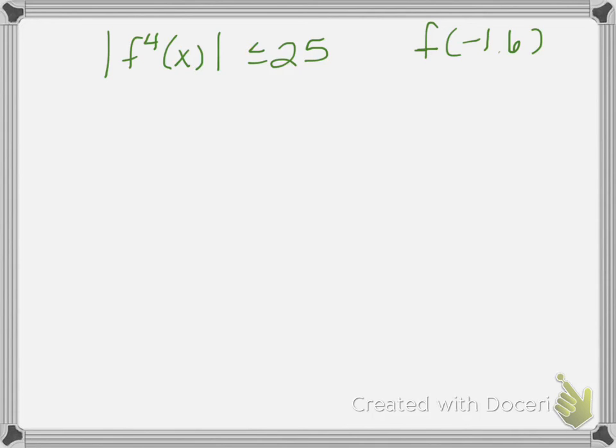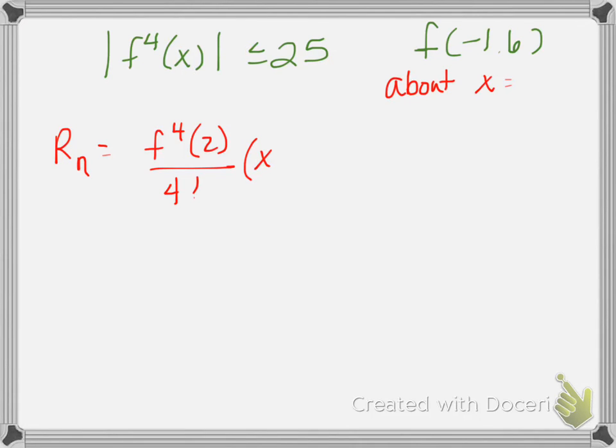So we found the third degree polynomial. That means if I want to find the error or the remainder, I have to find the fourth derivative over 4 factorial times, normally it's an x to the fourth, but since it says about x equals -2, I'm going to plug in x plus 2 to the fourth there.